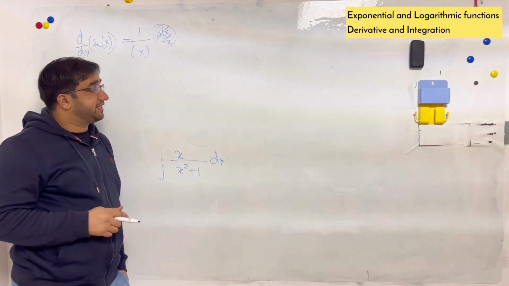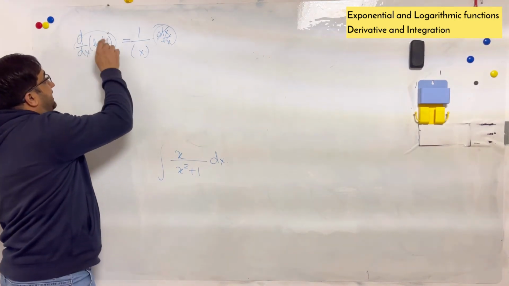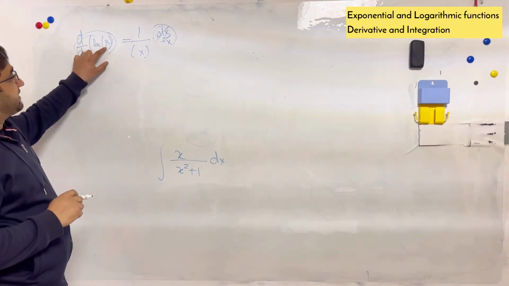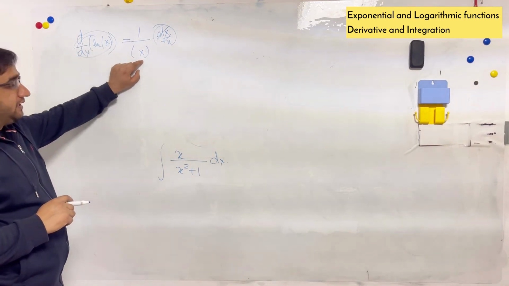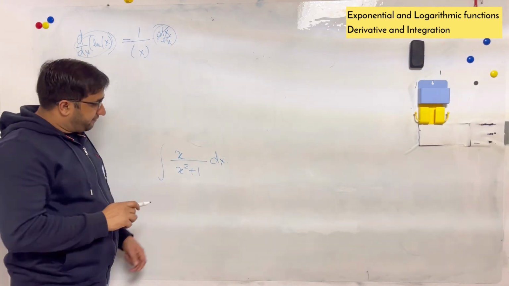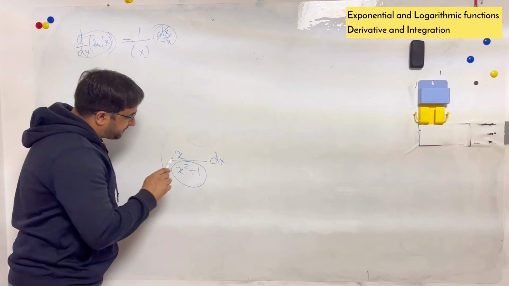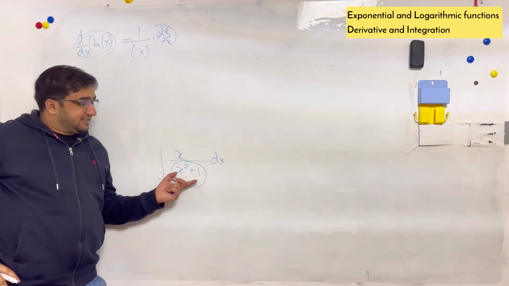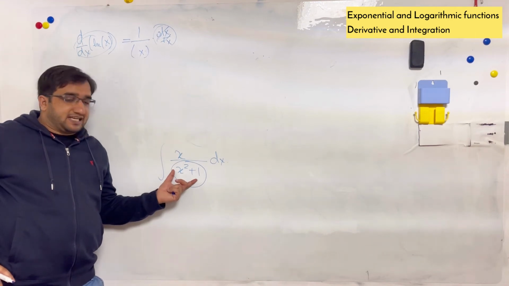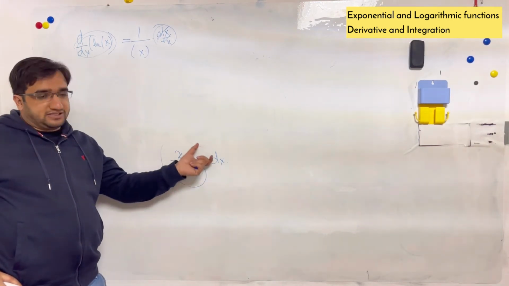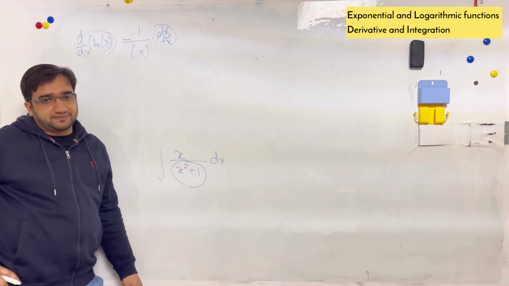In the case of the derivative, when we have ln of x, the derivative of this function goes downstairs. Now, if we have this function downstairs, and if we can see the derivative of it upstairs, then we can replace this whole thing with natural log.